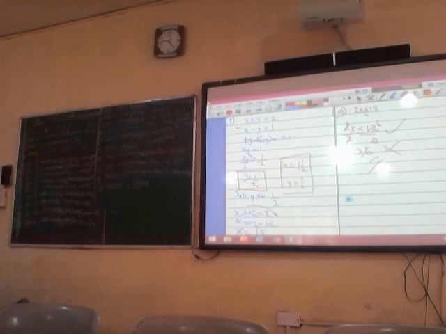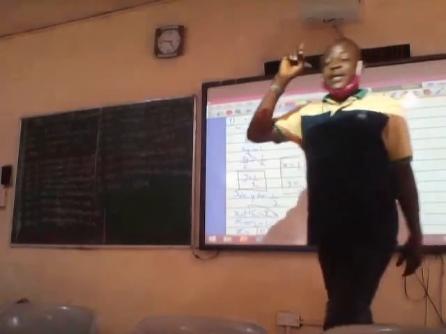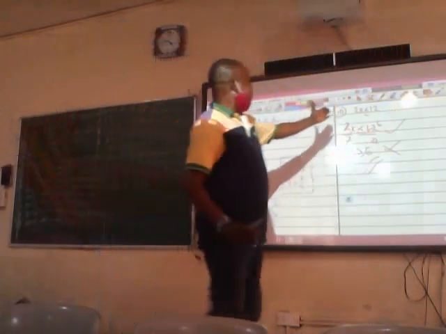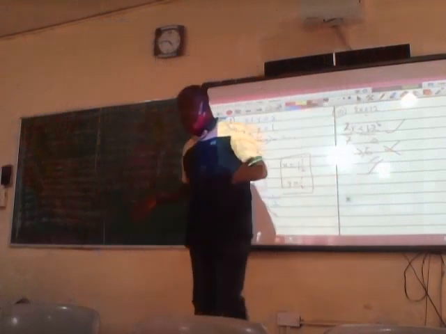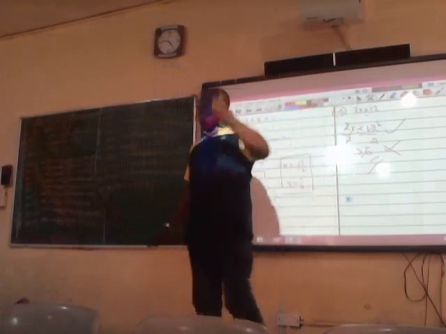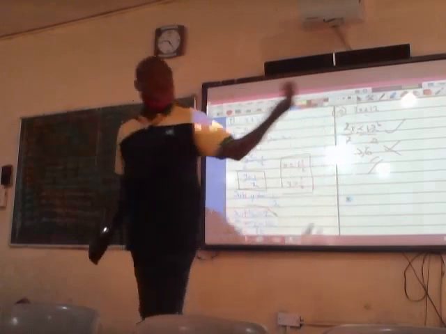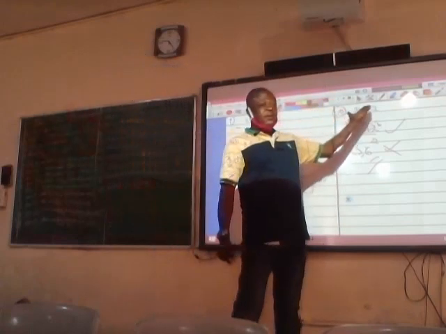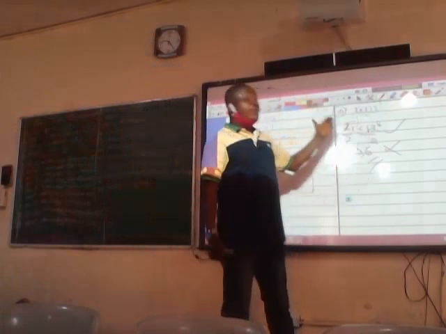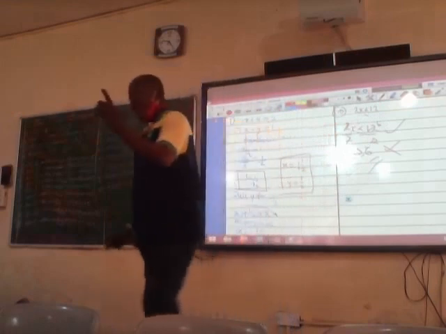Simple. So the question says if a certain number x is doubled, it means you are multiplying by 2. So she picked x as the certain number. So multiply by 2. Then the result is less than or equal to 12. And that is fine. This is correct. So 2x is less than or equal to 12. Then in order to get x, she divided by 2, which is a positive number.